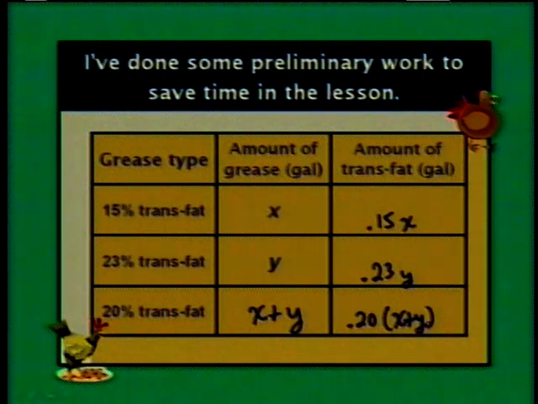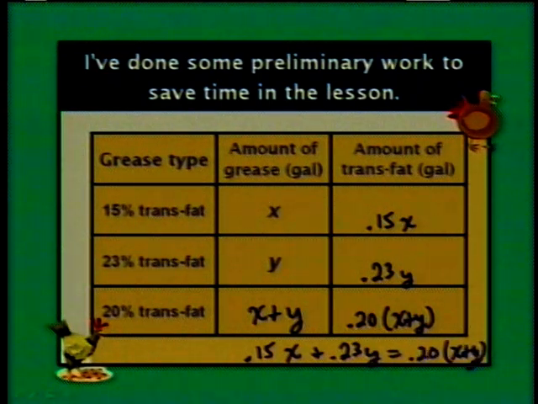The 2 amounts of trans fat contributed by the 15% and 23% greases must add up to the amount of trans fat in the 20% grease. In other words, my equation is 0.15x plus 0.23y equals 0.20 times (x plus y).